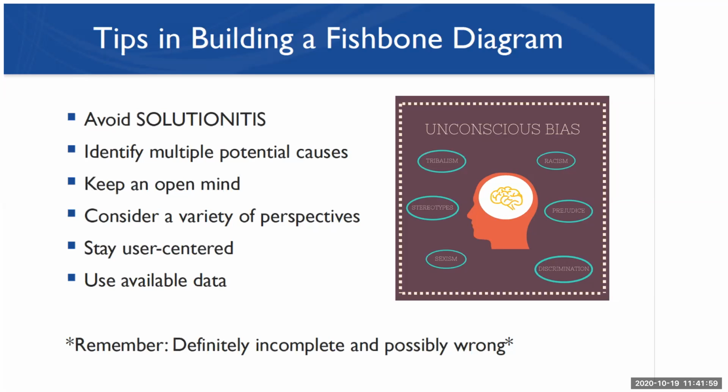So if you see that a number of the causes that you're laying out put the onus of the responsibility on the students or parents, then you might need to stop and as a group really think about why that's happening. What are some of the underlying ideas or stereotypes or reasons why you're placing the onus on outside of the school and onto the users.